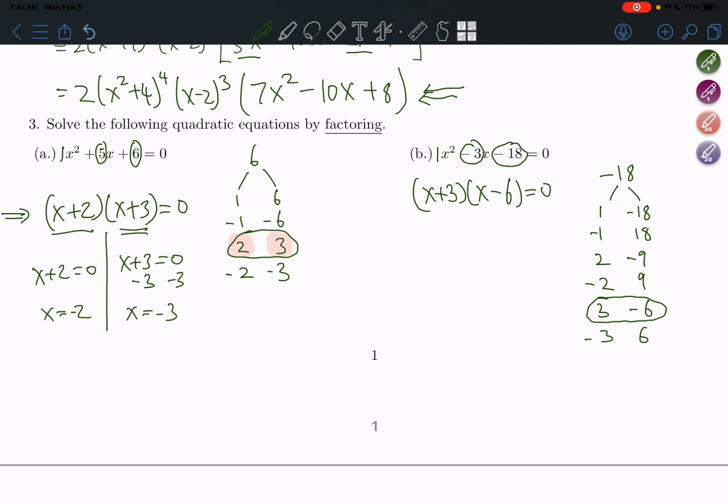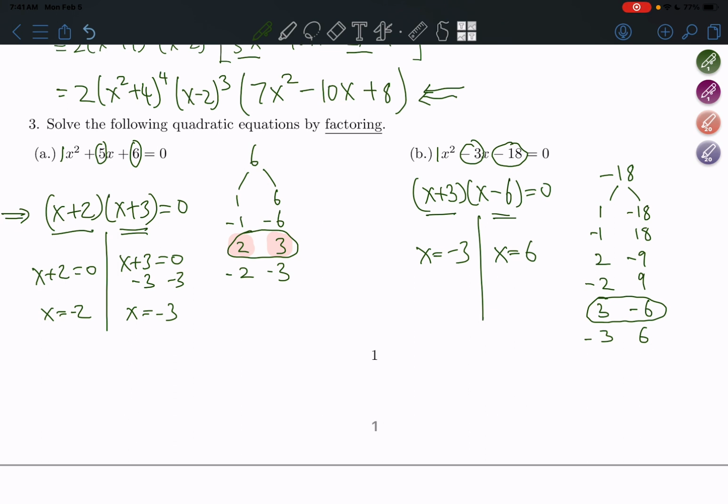Copy and paste. Again, we'll just focus on the factor here. Once we've got the factor, both of these answers come out fairly easily. Set that equal to 0, you get x equals negative 3. Set that equal to 0, you get x equals 6. So the two answers come out fairly easily once you factor, and the factoring is what we're focusing on.